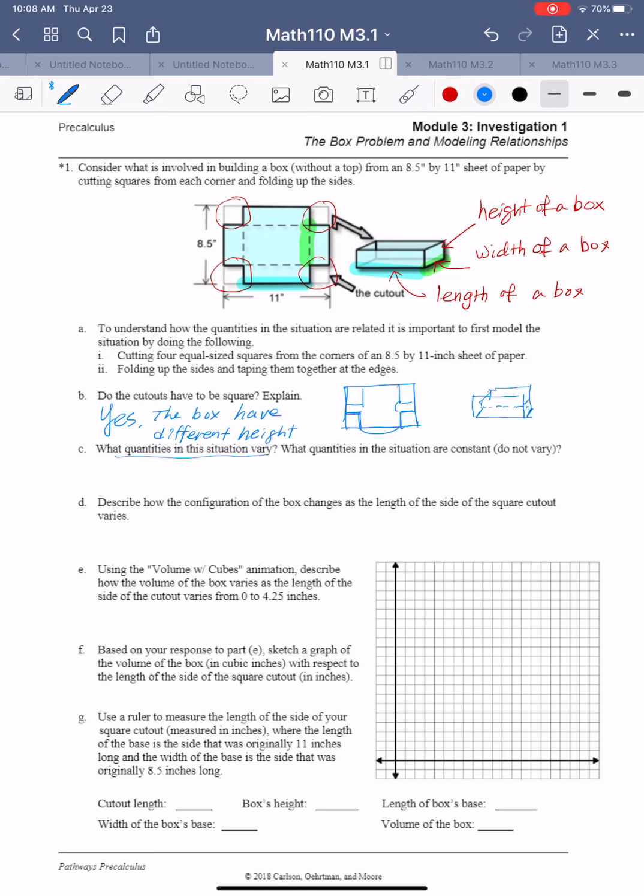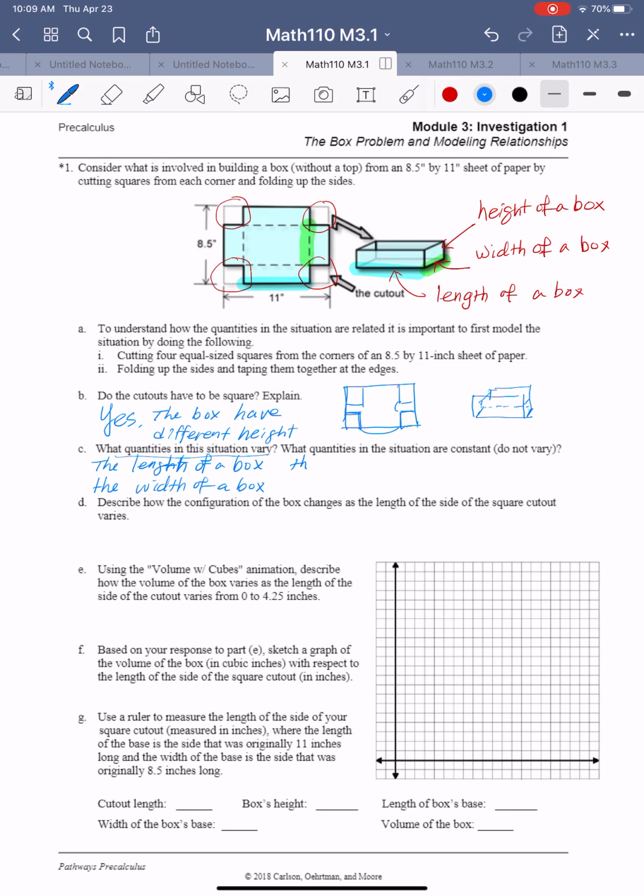Because of the cutout at the corner, the cutout is getting bigger, and then the length of the box will change from bigger to smaller, and also the width of the box will be changing from greater to smaller as the cutout goes from smaller pieces to bigger pieces.